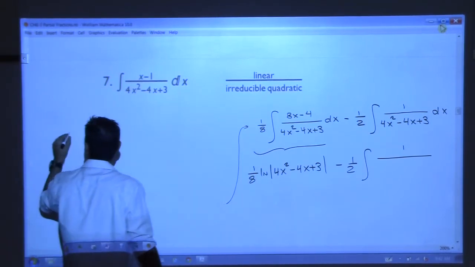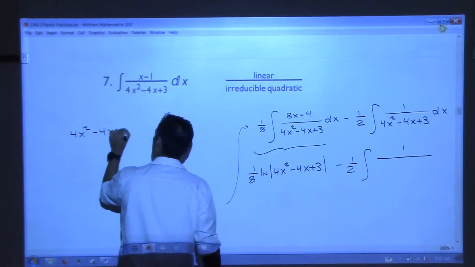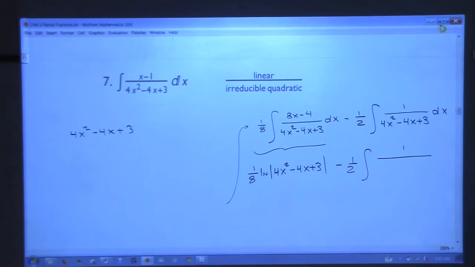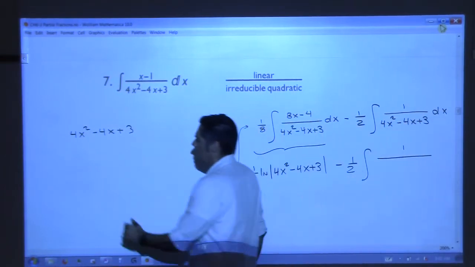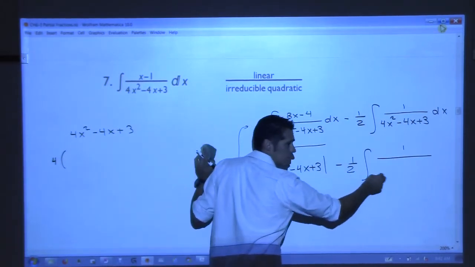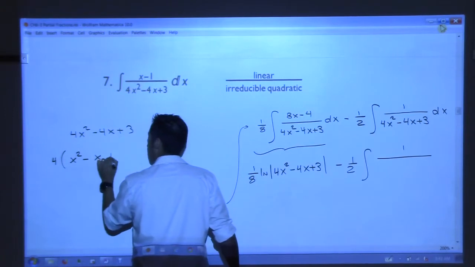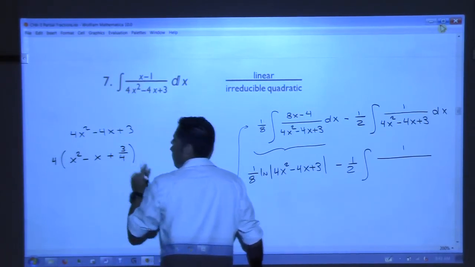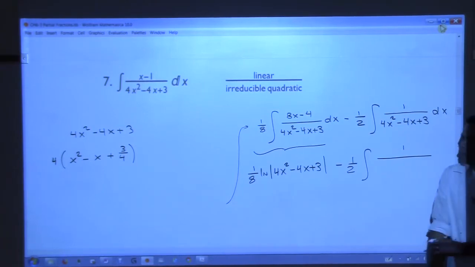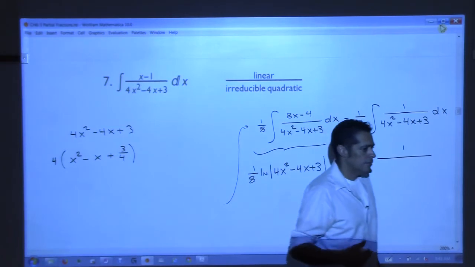Okay, let's complete the square. 4x squared minus 4x plus 3. So how do we complete the square on that? First step, pull the 4 out. The 4 comes out, and that's going to wind up coming out of my integral, but I'm just going to work on it over here. X squared minus x plus 3/4. That's what I get when I pull a 4 out of everything. The number in front of x is negative 1. Take half of that, negative 1/2.